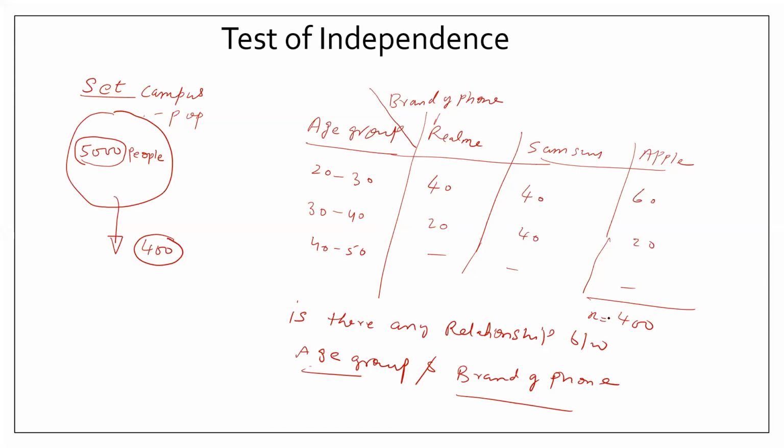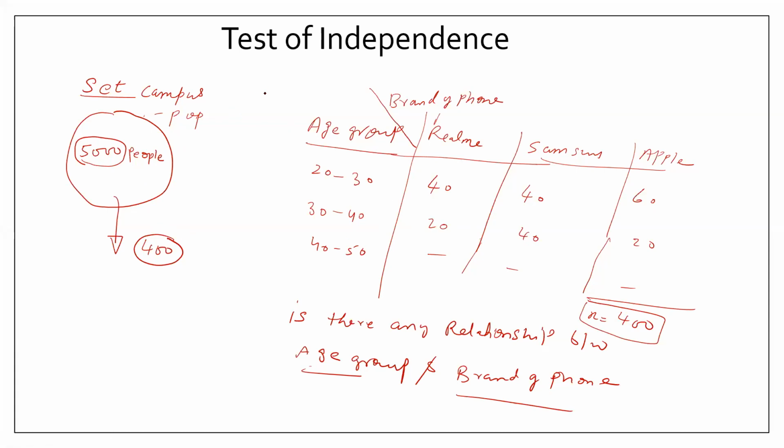If I put all together, the total number will be 400. If I sum all this, it should be 400. So 400 people have been selected randomly from the 5,000 people in the SCT campus. So I have collected some data. I cannot ask all 5,000 people, so I have taken some sample, as we know that we do sampling.